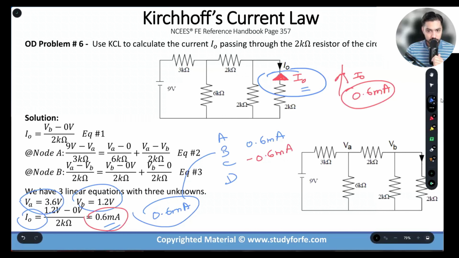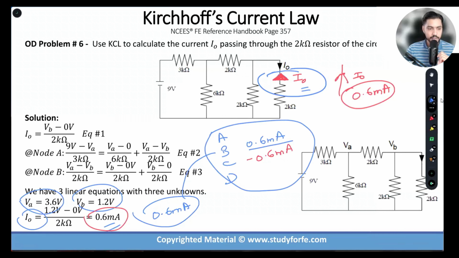And now the choices that you are given are 0.6 milliamps and minus 0.6 milliamps. And in the original circuit, they have I naught pointing downwards. Are you guys following me? This was your assumption. You decided to flip that. And you ended up with 0.6 milliamps pointing upwards. The way they've drawn their I naught is downwards.